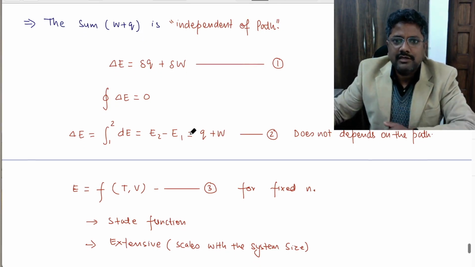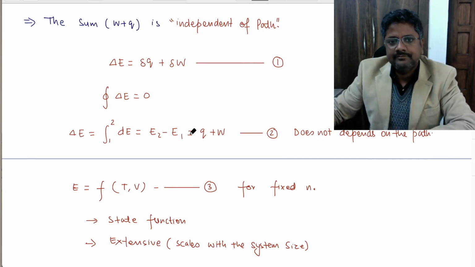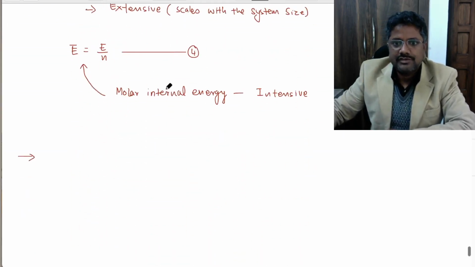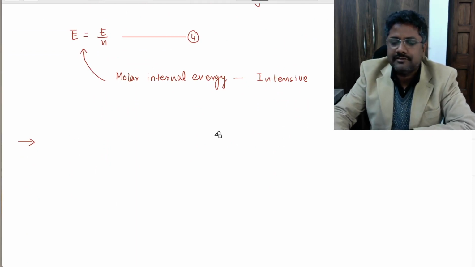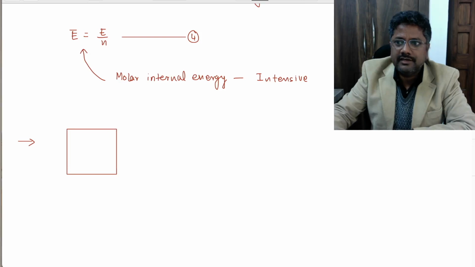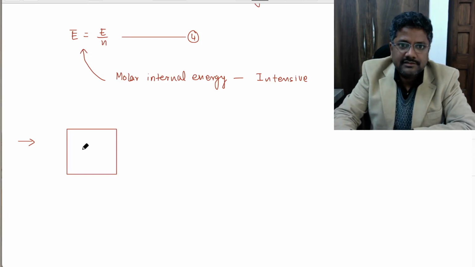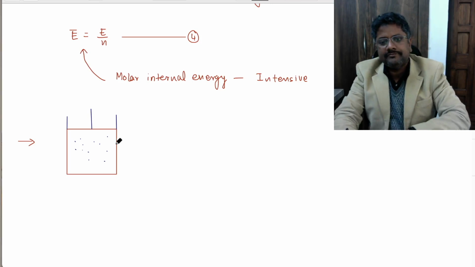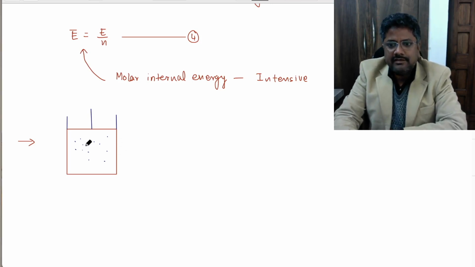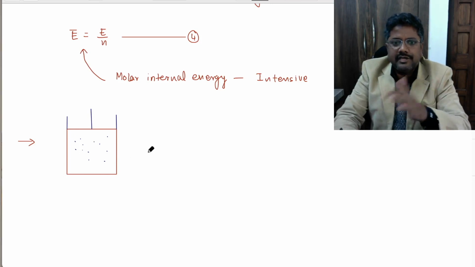Now see how to justify that law of energy conservation. Suppose we have a system, and in the system some process is going on. Suppose that gas is expanding or compressing, whatever phenomenon is happening here, and the wall is diathermic, so that heat can easily be transferred between system and surrounding.